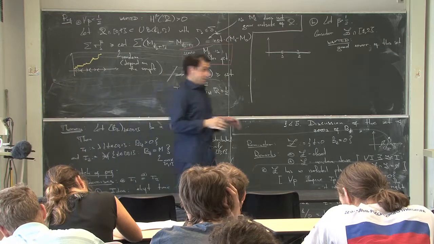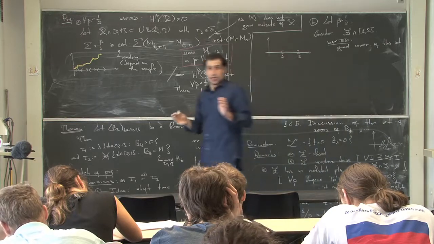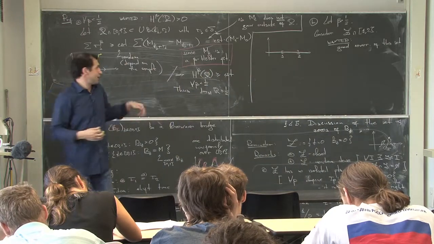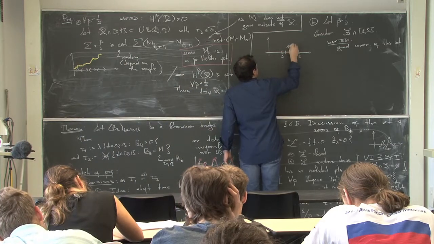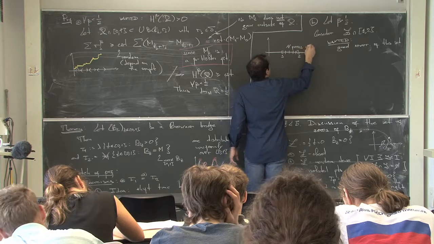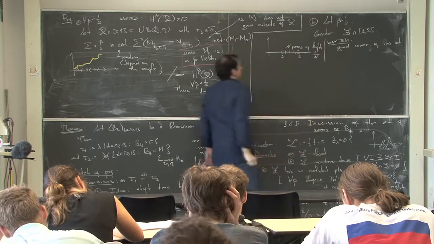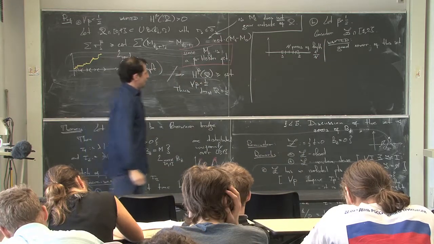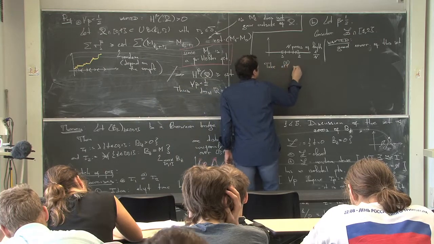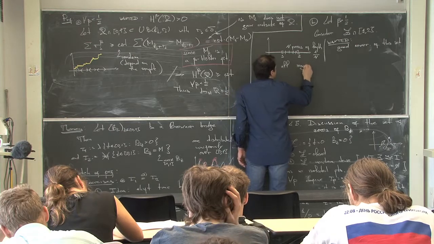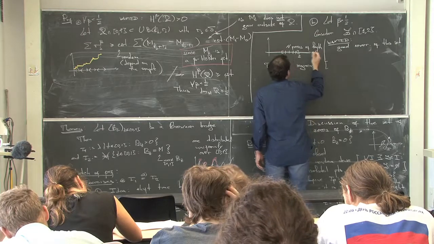Let us just split this interval 1, 2 into many, say, n small pieces of length 1 over n, and take all the pieces which contain at least one zero.